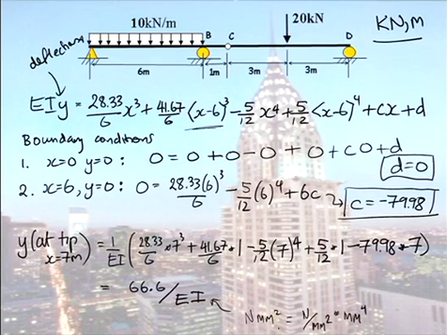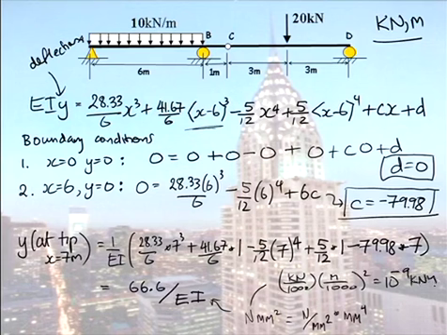Now to convert Newton millimetres squared to kilonewton metres, well, I say 1 Newton is 1,000th of a kilonewton, and 1 millimetre is 1,000th of a metre, and that's all squared. So the conversion will be that 1 Newton millimetre squared is equal to 10 to the minus 9 kilonewton metre squared.